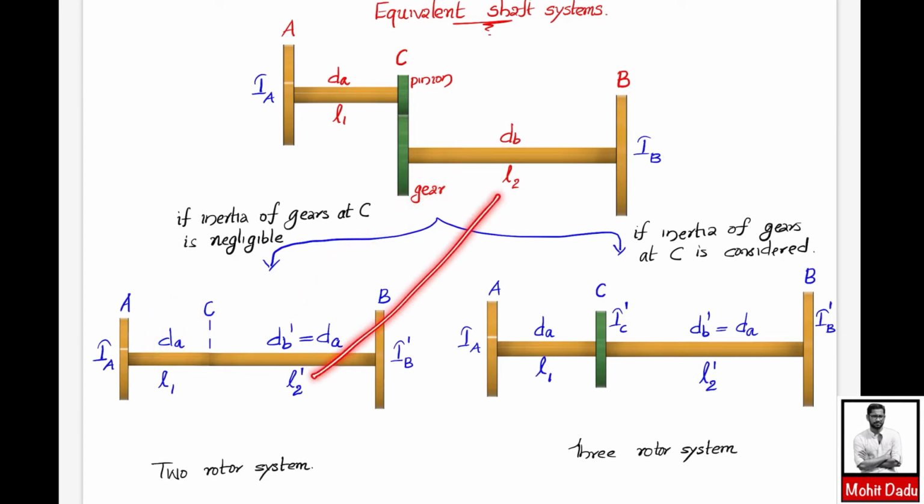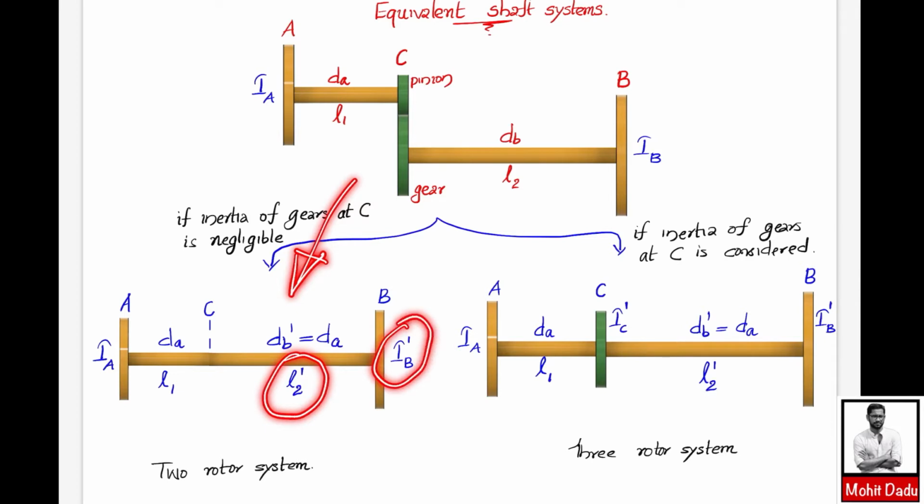L2 will become L2 dash, and that value of L2 dash we have to find. And this mass moment of inertia IB will become some other value IB dash. So by converting this geared system into a 2 rotor system, you have to find the values of L2 dash and IB dash, and how you can obtain these values is our main discussion.